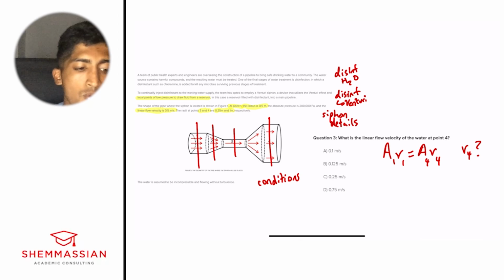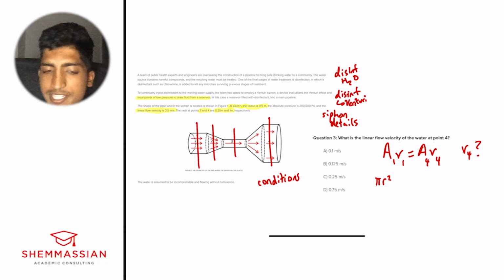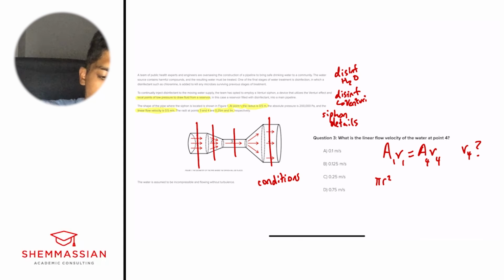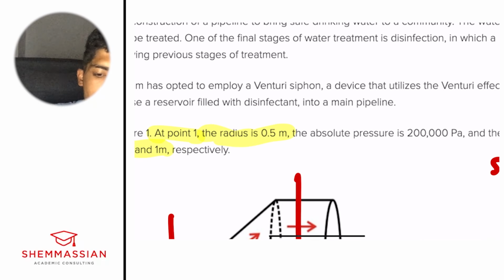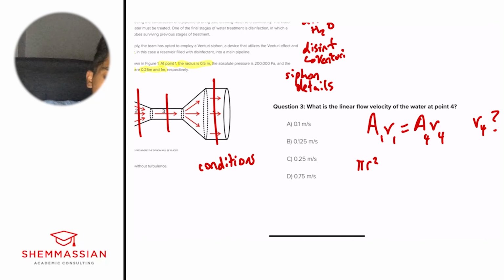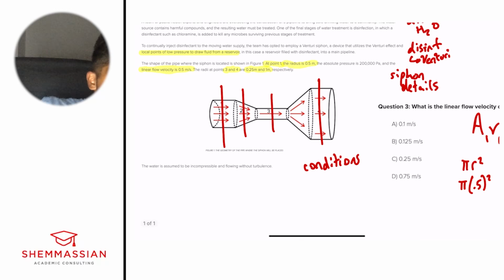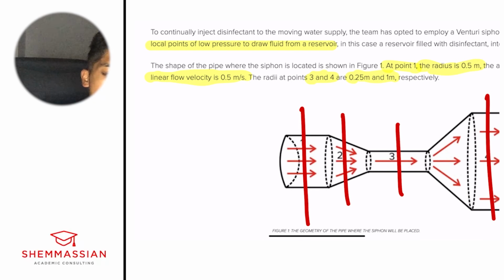Okay, so area of a cross section at point 1 is going to be a circle, right? And what's the area of a circle? Pi r squared. Yes? And so in this case, we know r is 0.5. That's what it says right there. So when we write it out, we're going to write pi times 0.5 squared. And then what is the velocity at this first point? The linear flow velocity is 0.5 meters per second.